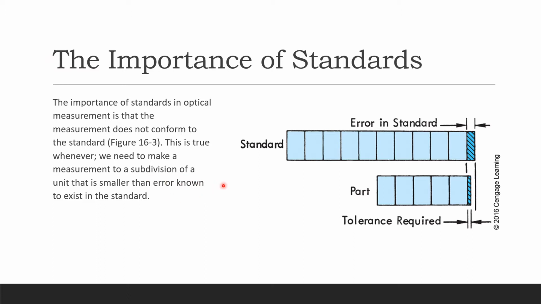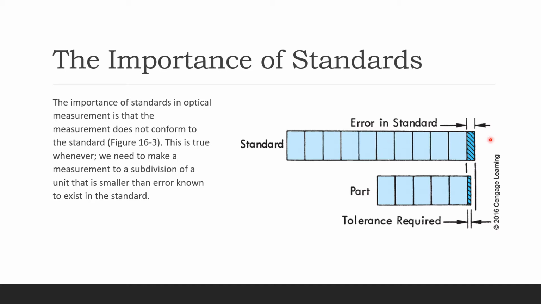Again, this is especially true for measurements smaller than the known error. If you're doing a measurement smaller than the known error, you're going to get a measurement out of conformation to the standard. Here is your required tolerance, and that's your part. And here is your standard. The standard cannot provide a standard because the part is smaller than the standard error.